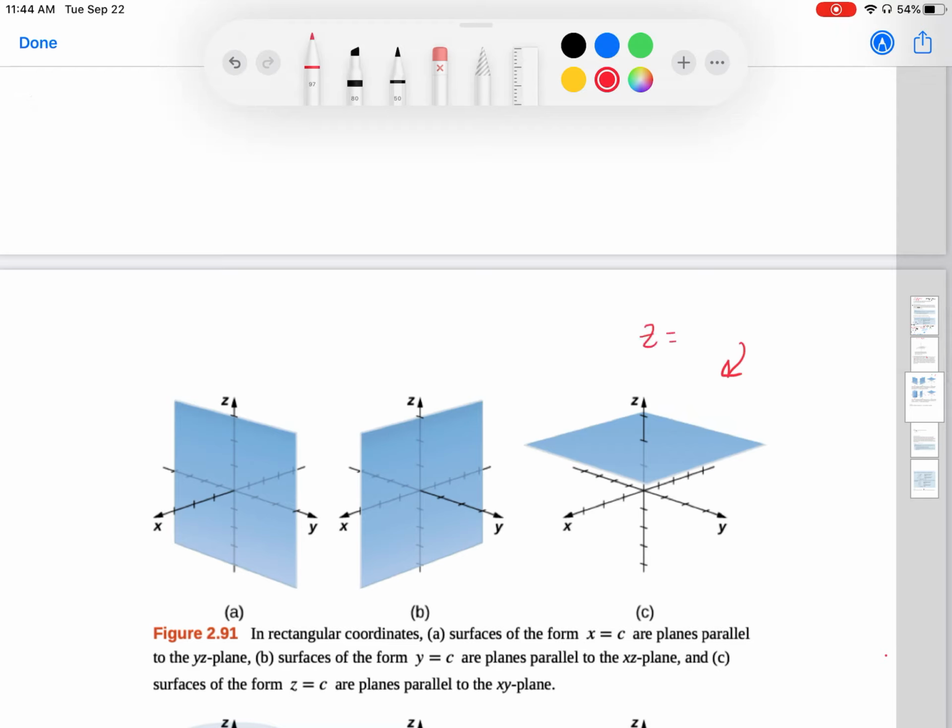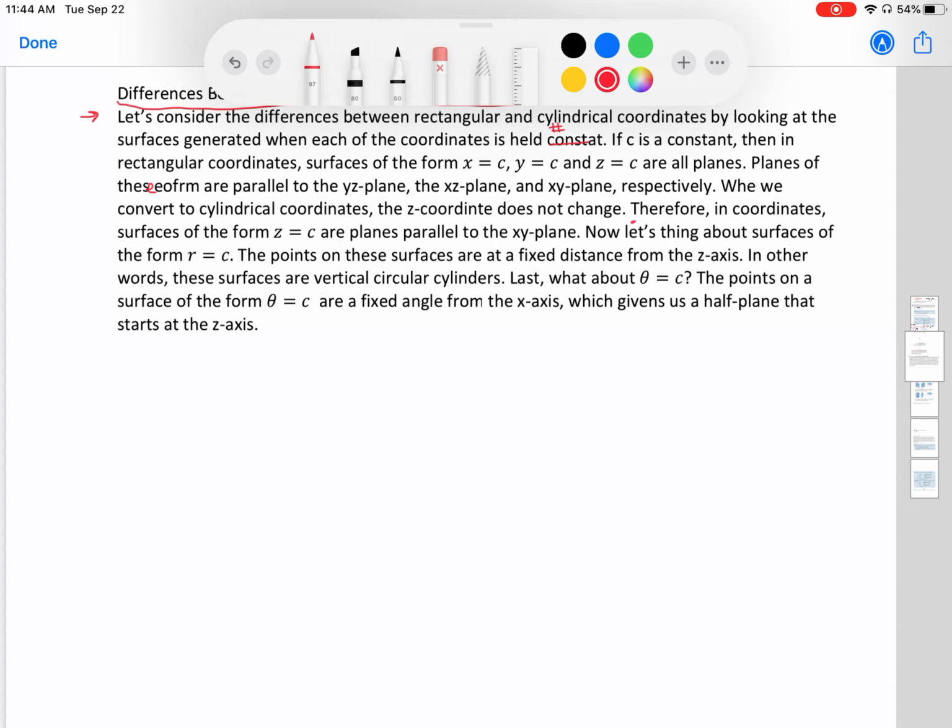I think this one is at 2, so we can say z equals 2. Okay, we read that. Now let's think about surfaces of the form r equals c.